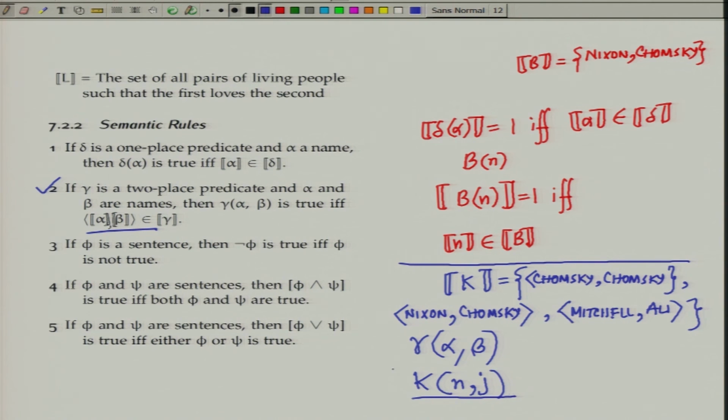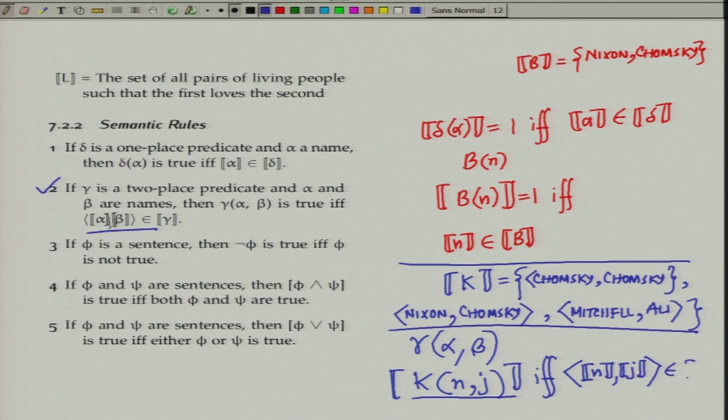How to determine? This is true if and only if the ordered pair N, J belongs to this set, that is the set K. Without doing anything, we can check, because N stands for Richard Nixon and J stands for John Mitchell, and we need to find that pair here, that is Nixon, Mitchell.